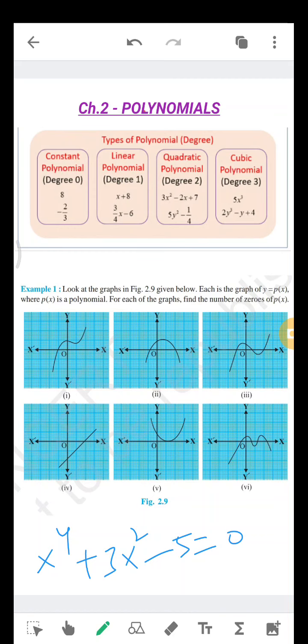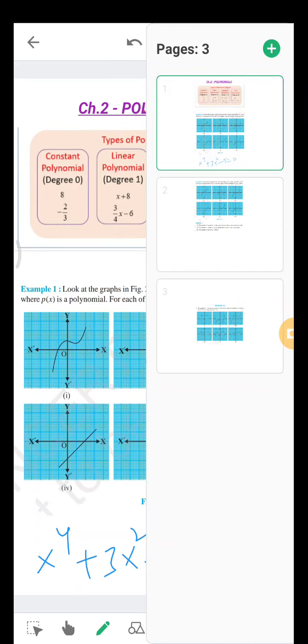For linear polynomials, like in 9th class you have done linear equations. For a linear equation in one variable we have only one solution, right? Only one solution. Like, we'll take any linear equation, say 5x plus 10. This is a linear equation in one variable.